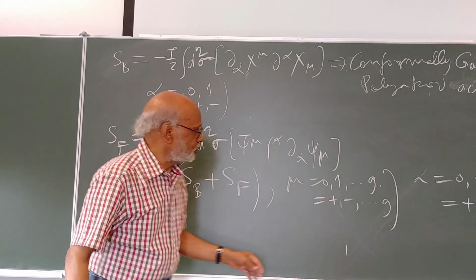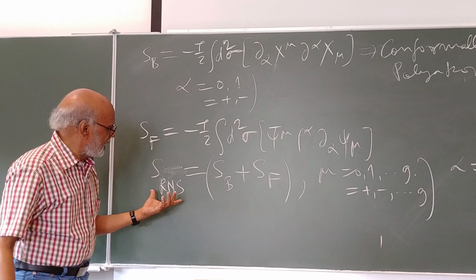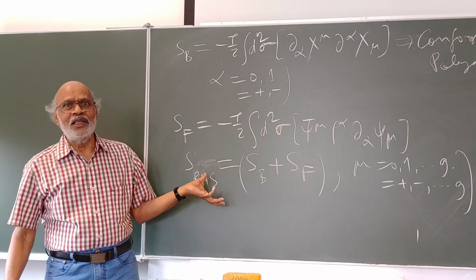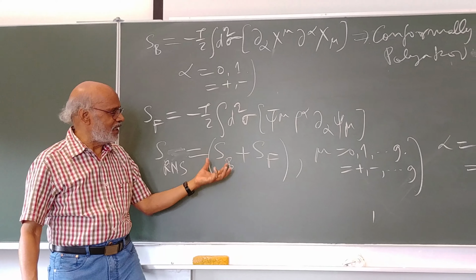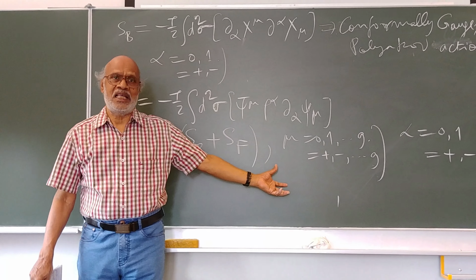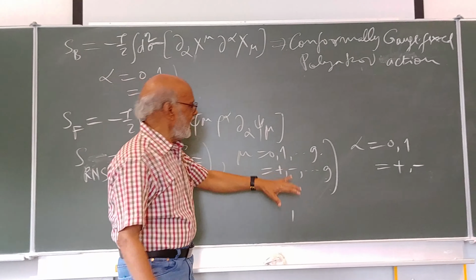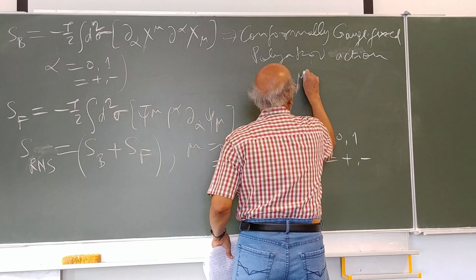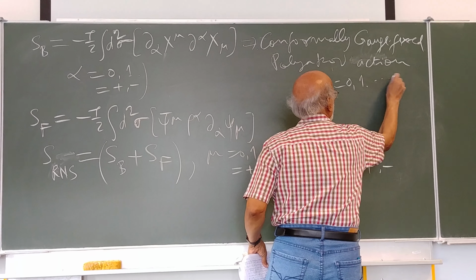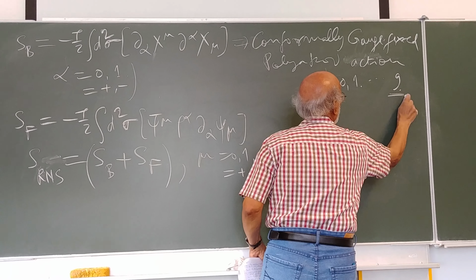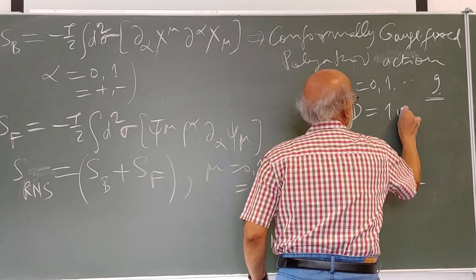So when the action of our theory is defined by the sum of S_B and S_F, mu goes only up to 9. So its dimension is 10.